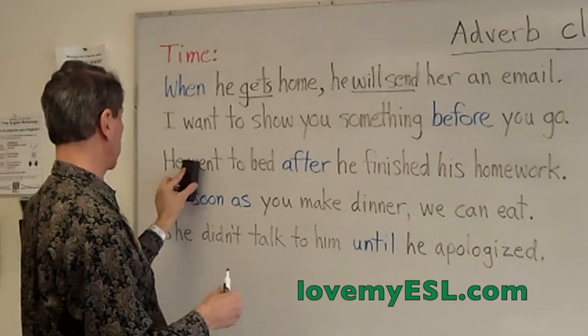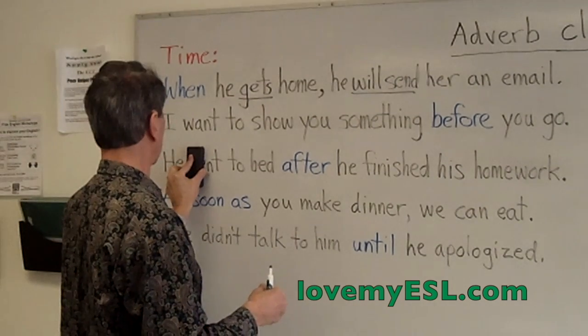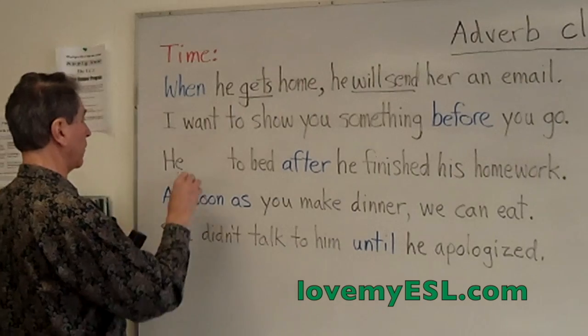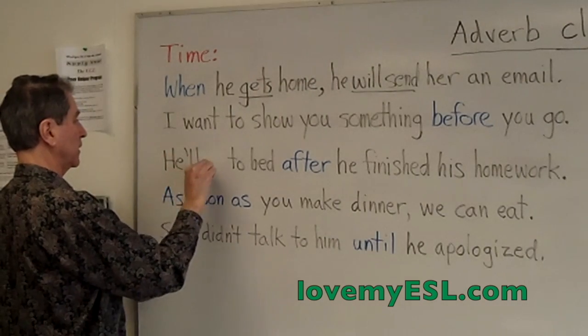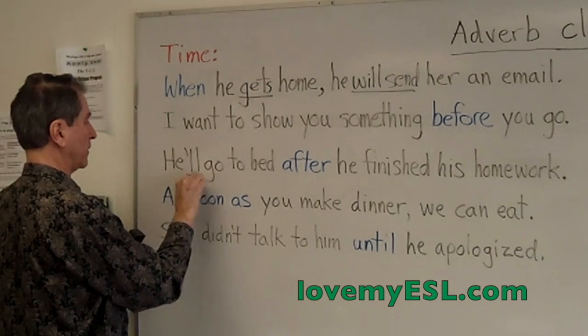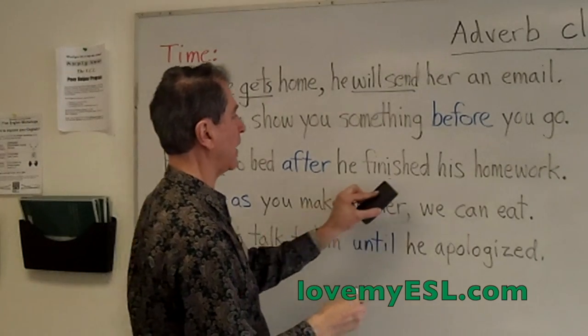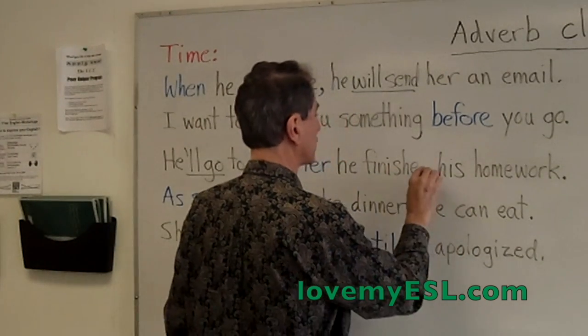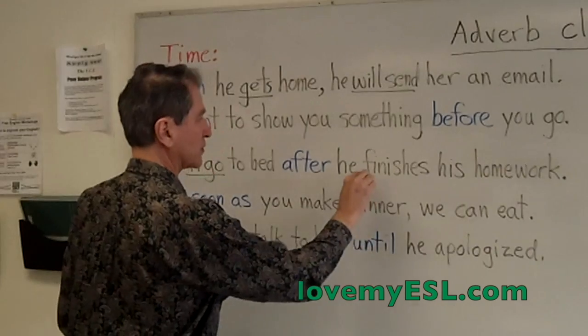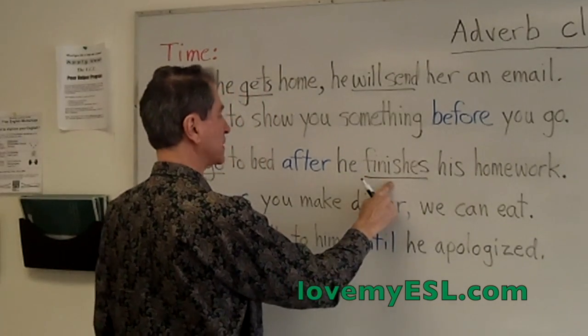Let's look at another one. He will go. I'm going to put he'll go. That will be future. He'll go to bed after he finishes his homework. So notice here I have simple present tense.